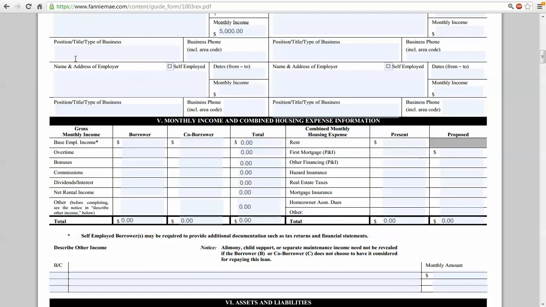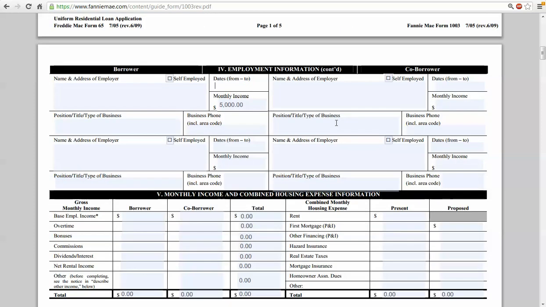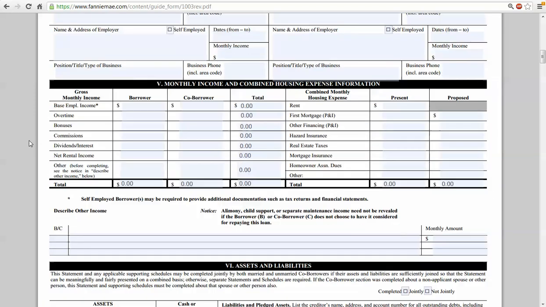So pretty self-explanatory. The title, business phone, and the dates and the income. And again, same information over here on the right section for your co-borrower.